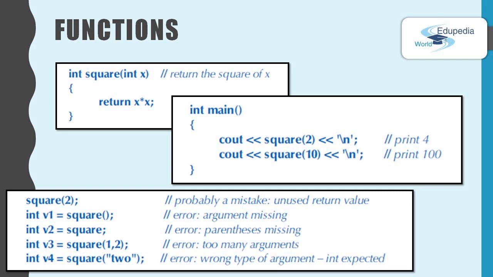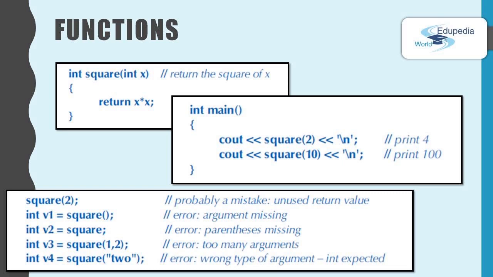A function can have no parameters, one parameter, or many parameters. When you pass arguments to this function, it is important that the number of parameters and the order of parameters match those mentioned in the function. In the second code segment, you can see how this square function is being used. In the first cout, it calls the square function and passes the int argument value 2.